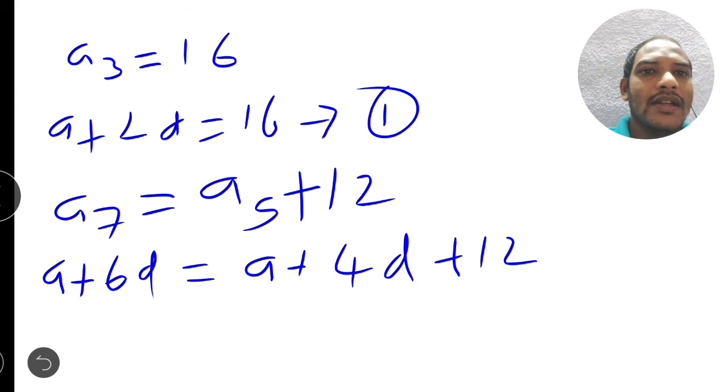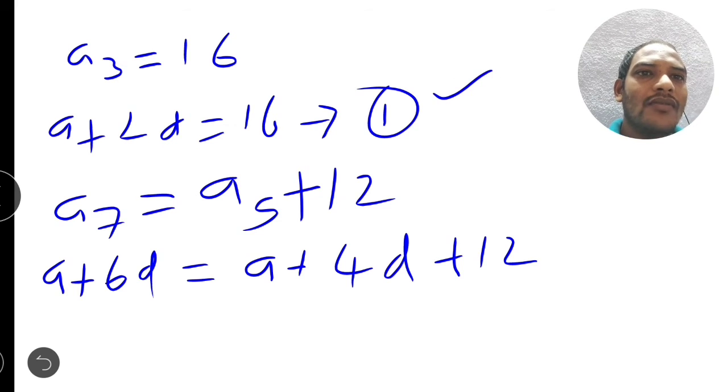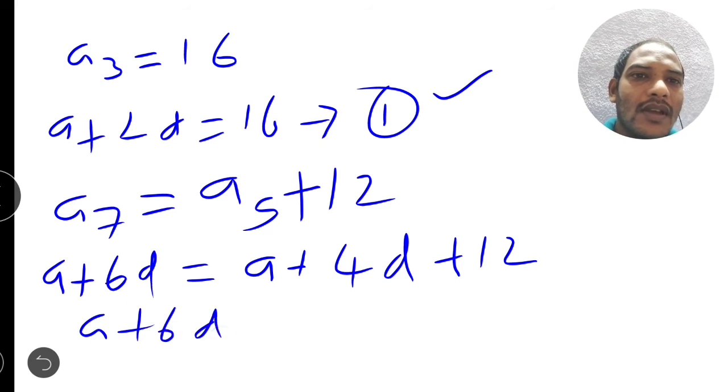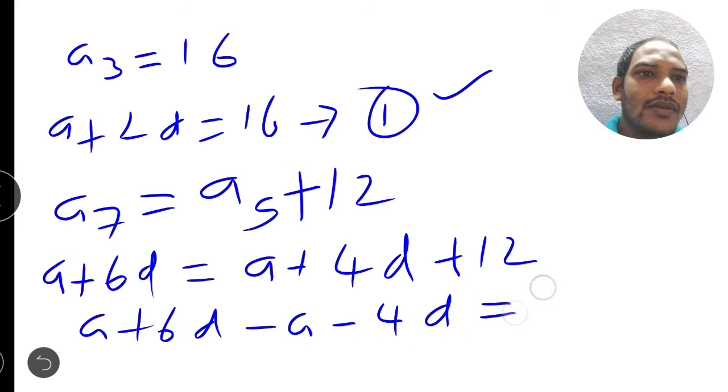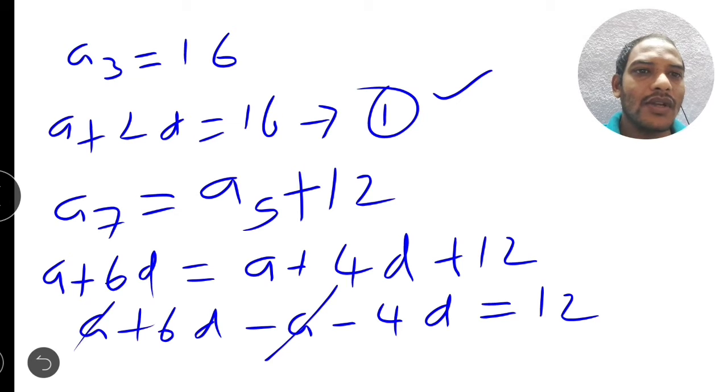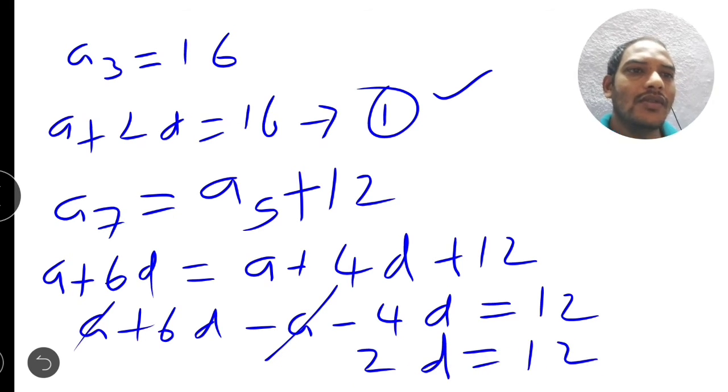So we get one more equation: a plus 6d minus a minus 4d equals 12. Plus a minus a cancel. 6d minus 4d is 2d. It equals 12.